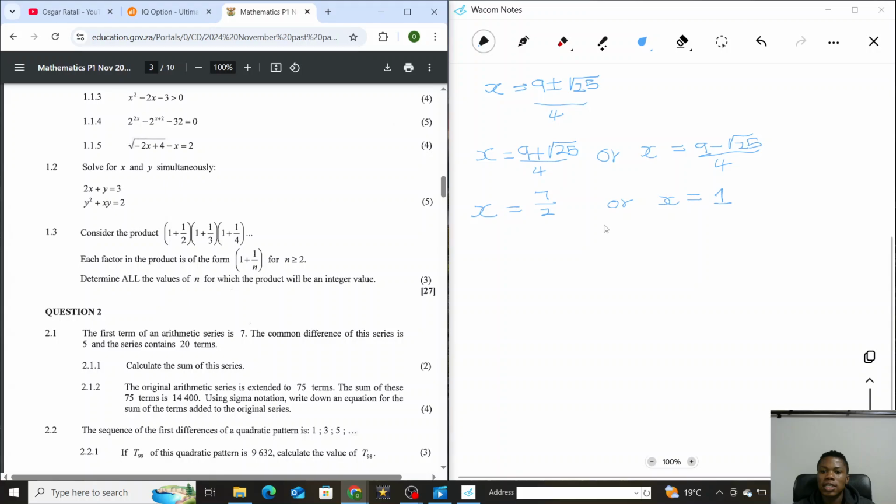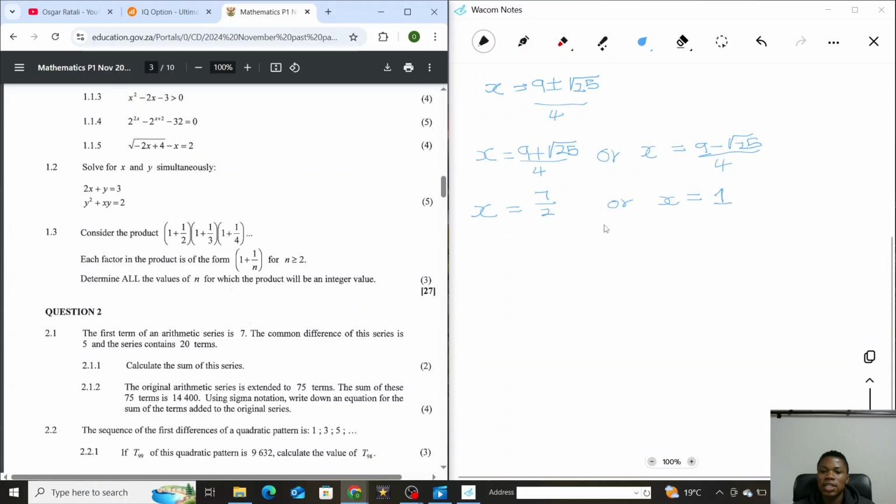Therefore, your y will be negative 4, or your y will be positive 1. Therefore, you get your full 5 marks.